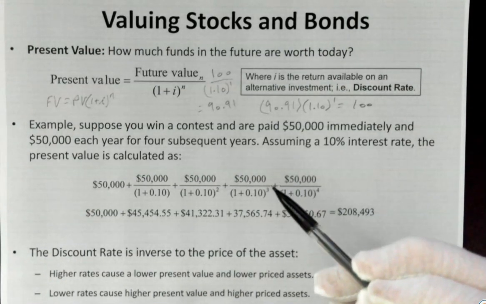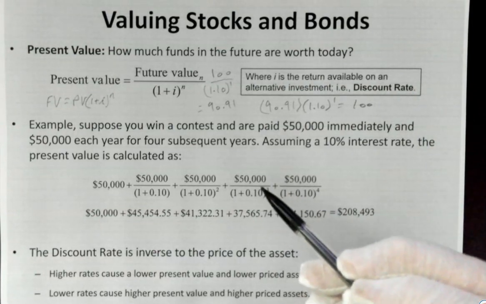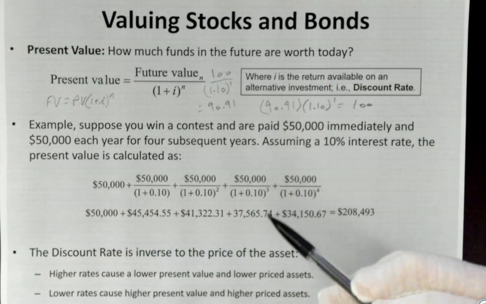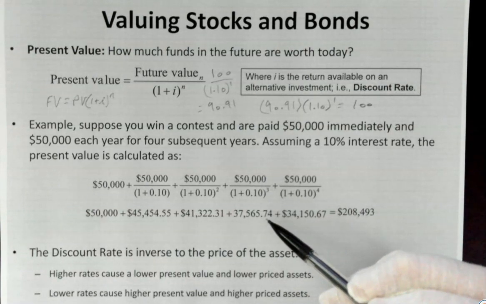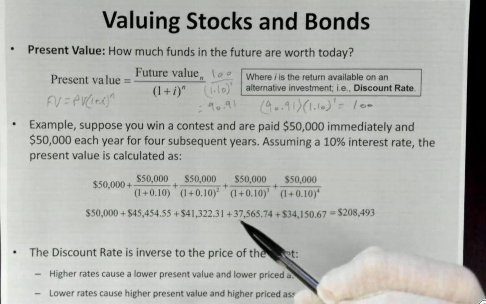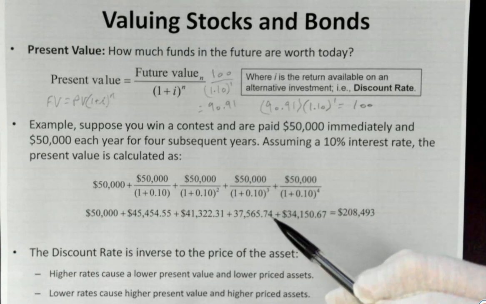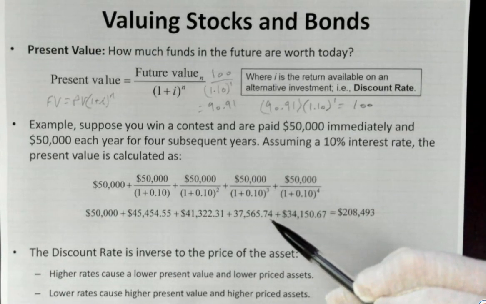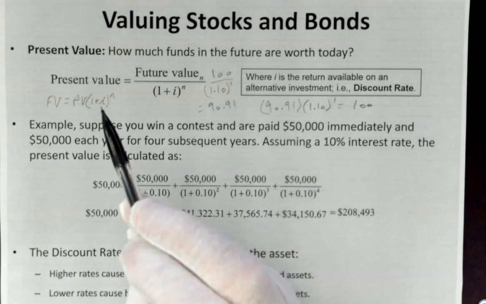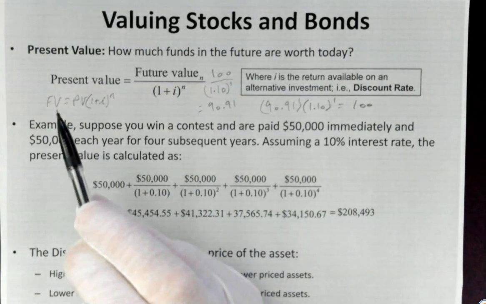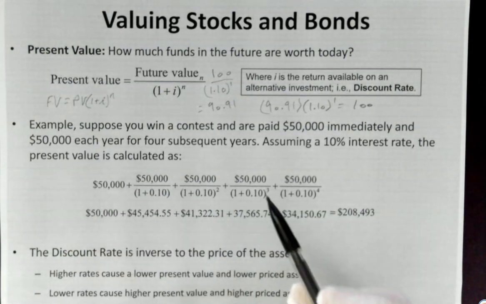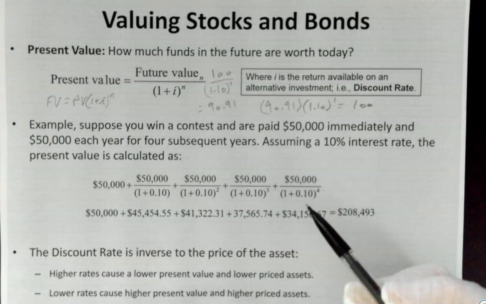Let's keep going. If you receive $50,000 3 years from now, take $50,000 divided by 1 plus 0.1 to the third. That gives you $37,565. Why? Because if you had $37,565 today and you invested that at 10% for 3 years, you would have $50,000 3 years from now. And the process continues.